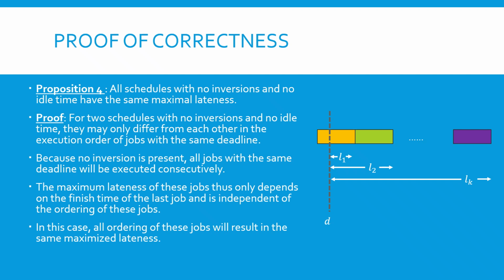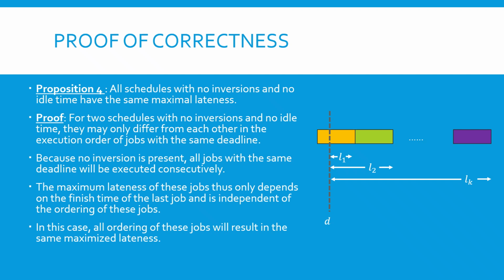Because there's no idle time, the start time of this block is fixed. The total processing time of this block is also fixed. So, the finish time of the last job in the block is the same in every such schedule, regardless of the internal order of jobs within the block. Since every job in the block has the same deadline D, the maximal lateness among these jobs depends only on the latest finish time in the block, which is identical across schedules.